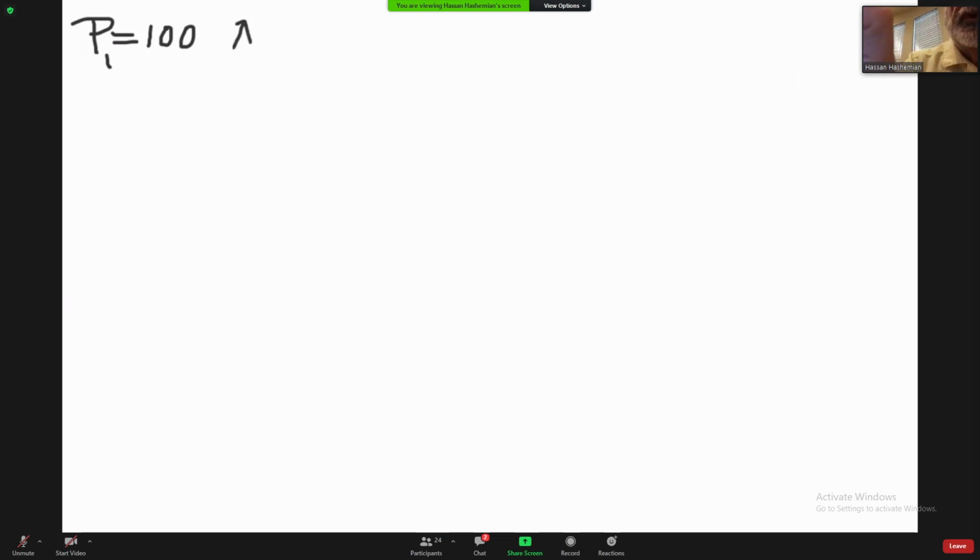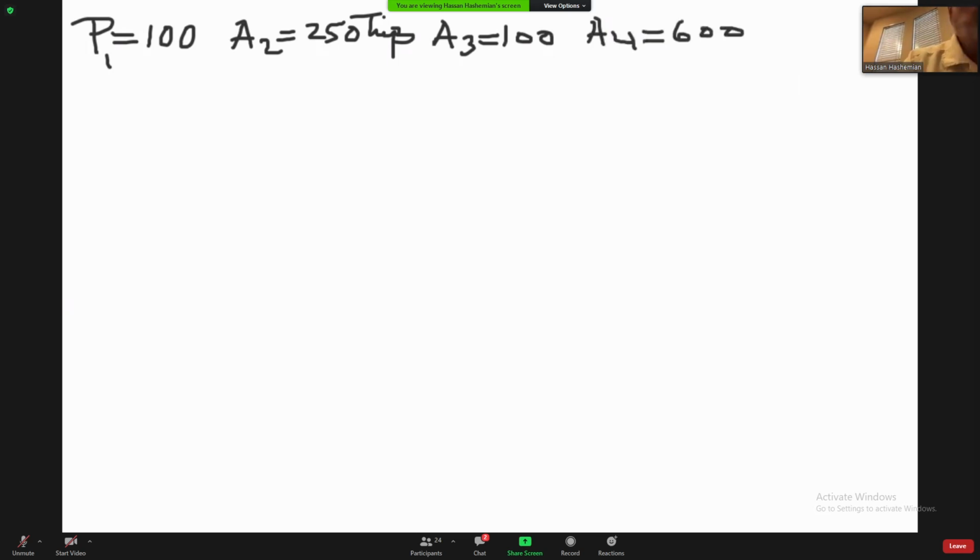So zone 2, A2 is 250 trips. Okay. Attraction at zone 3 is 100. And then attraction at zone 4 is 600. So they gave you all the attractions and production.